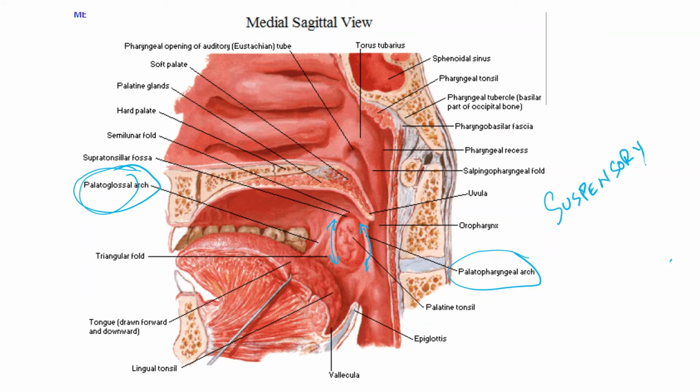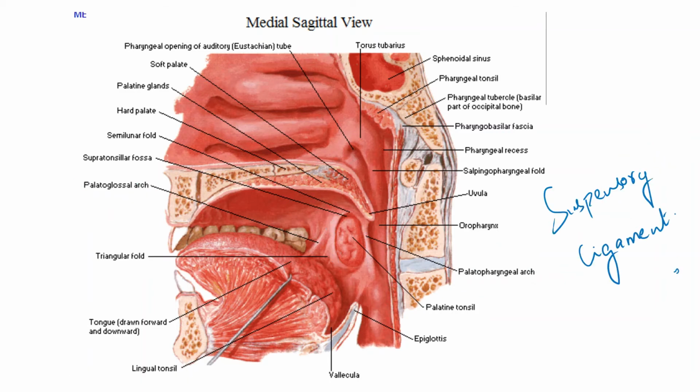The suspensory ligament of the palatine tonsil is a band of fibrous tissue which connects the lower end of the palatine tonsil to the lingual tonsil, which is present along the posterior third of the tongue.